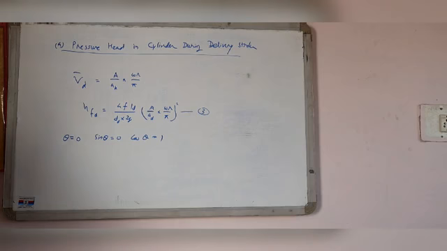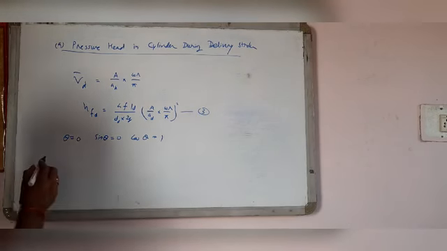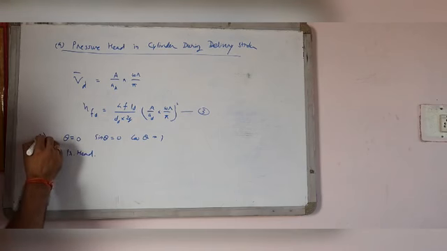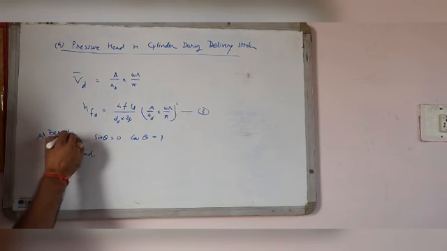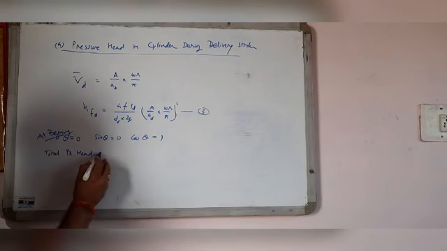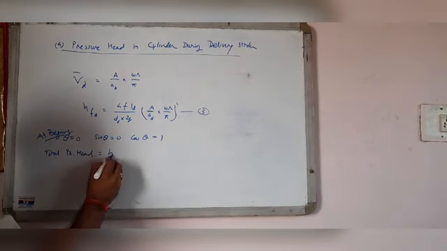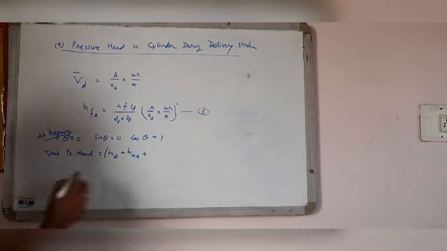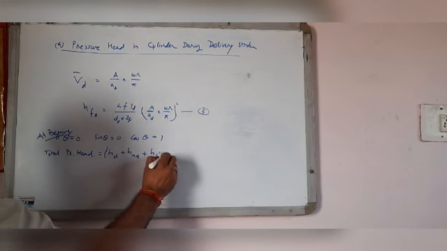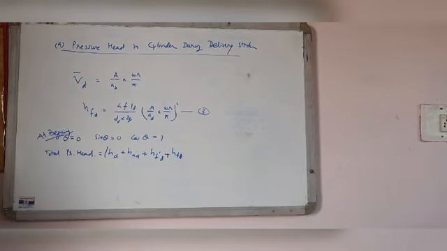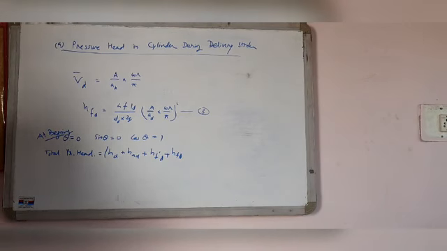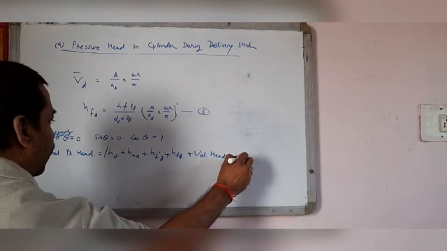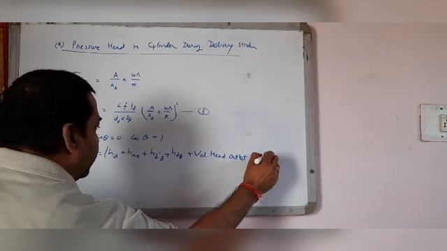So at the beginning of delivery stroke, the total pressure head is equal to HD plus HAD plus HFD dash plus HFD plus velocity head at outlet of delivery.